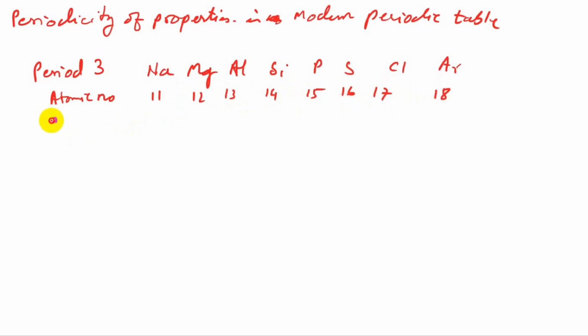I can take the electronic configuration. You can write in terms of s, p, d, and f, but I'll just write down the number of shells only.